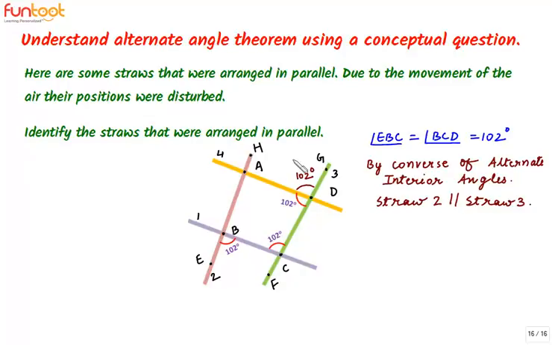And had this been 102, this angle forms a linear pair with this angle, so this angle should have been 78 degrees. But we can see that this angle was not 78 degrees, it was 102 degrees. That means straw 4 was not parallel to straw 1 before the wind disturbed the arrangement. So straw 4 was not parallel to straw 1.